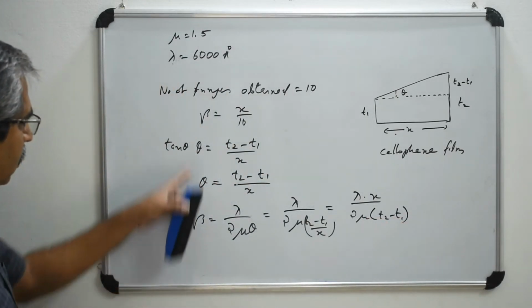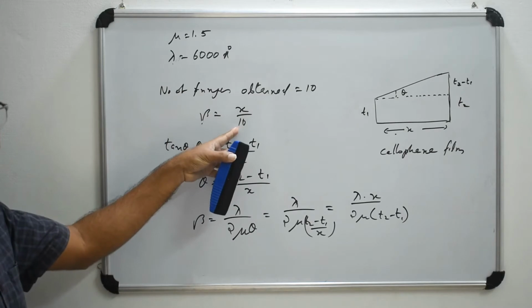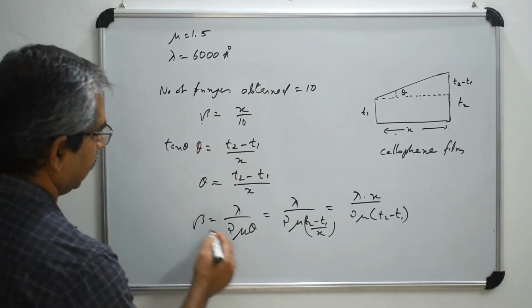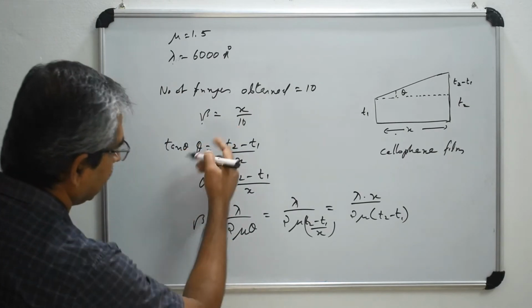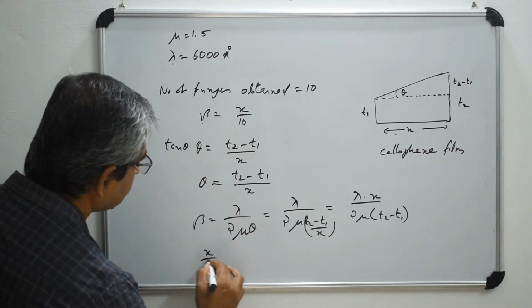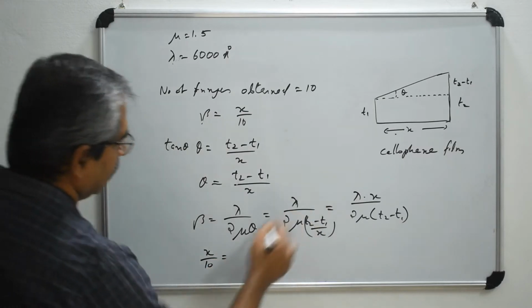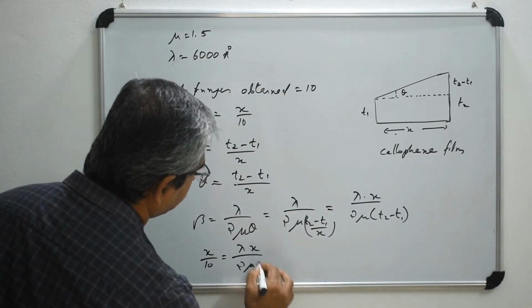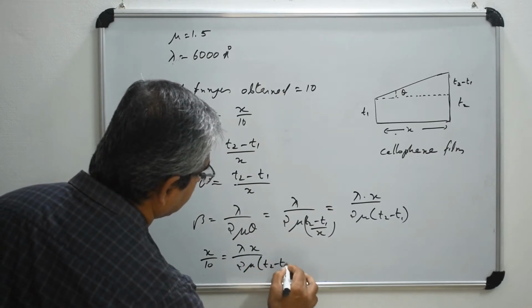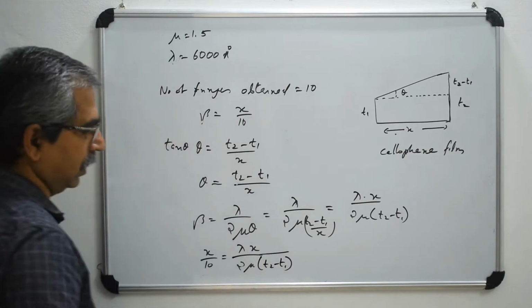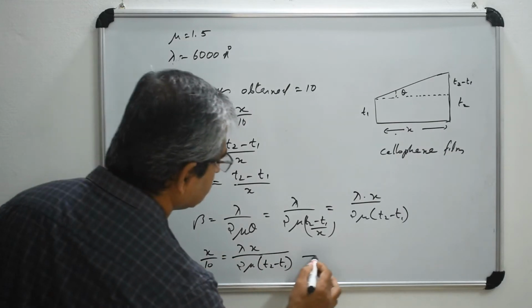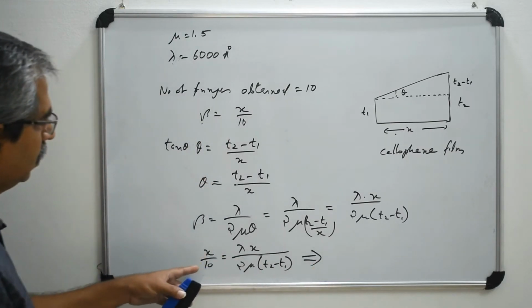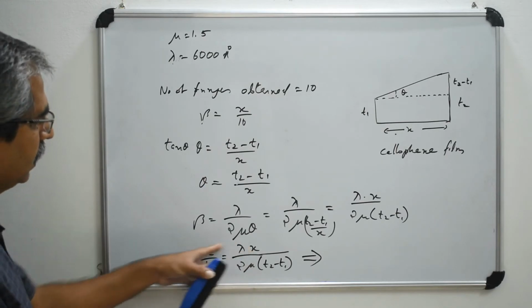Now you have an equation beta equal to x by 10. You can put the value. So x by 10 is equal to lambda x by 2 mu into T2 minus T1. X cancels.